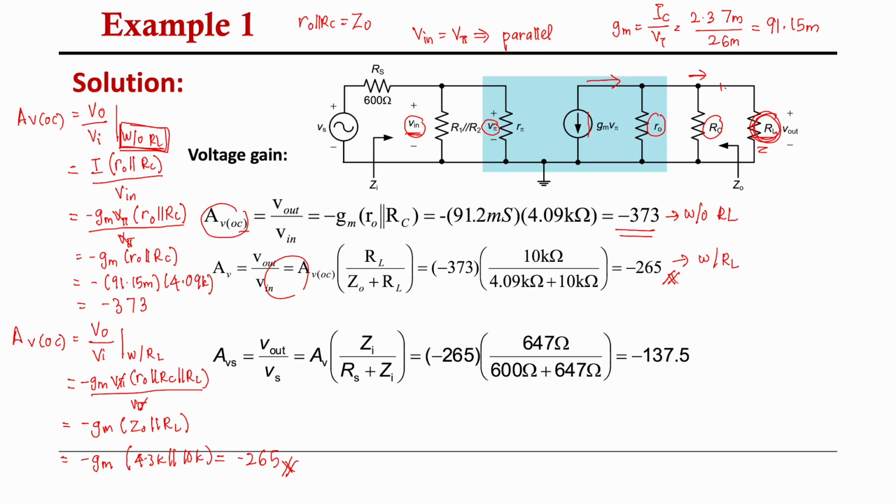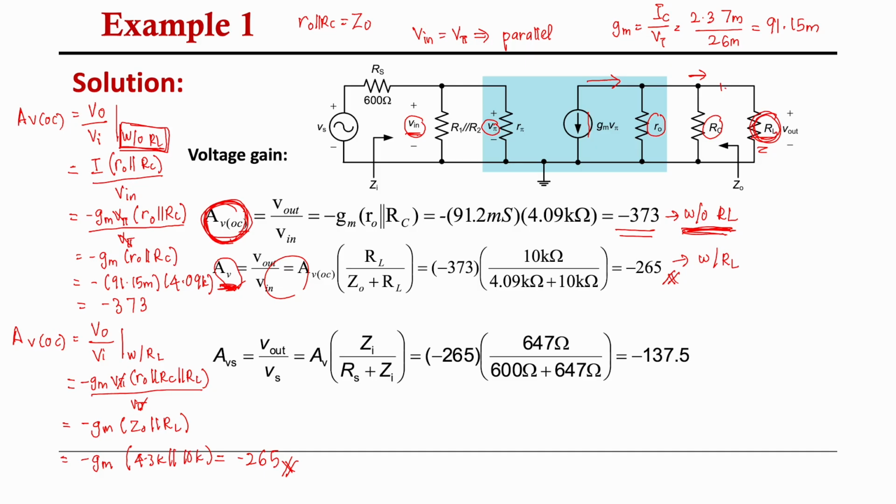The question asks about the AVOC. Okay, AVOC usually is without RL. It's easier for you to understand. With AVOC we usually will not consider the RL. Remember, AVOC is the one that is without RL.